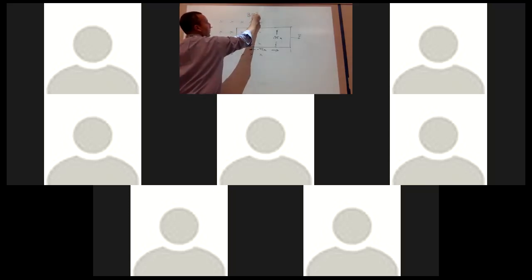So we read the problem. A single loop of rectangular wire with dimensions as shown is situated in a region of uniform magnetic field of 0.55 Tesla. Total resistance of the loop is 0.23 ohms.